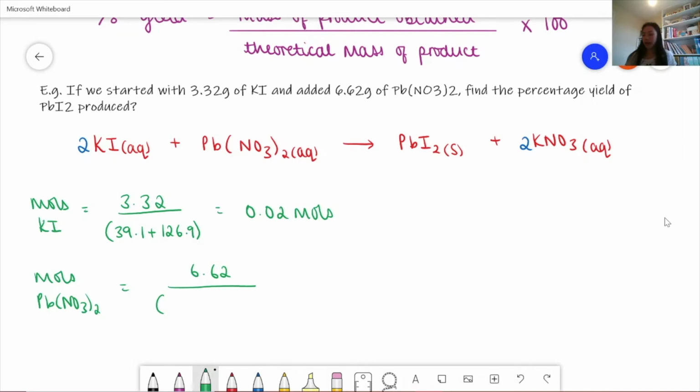So we have lead, which is 207.2, and then we have 2 nitrogens, so that's 28.0 because 1 nitrogen is 14. And then we have 6 oxygens, and so that would be 96.0. And this gives us also 0.02 moles.